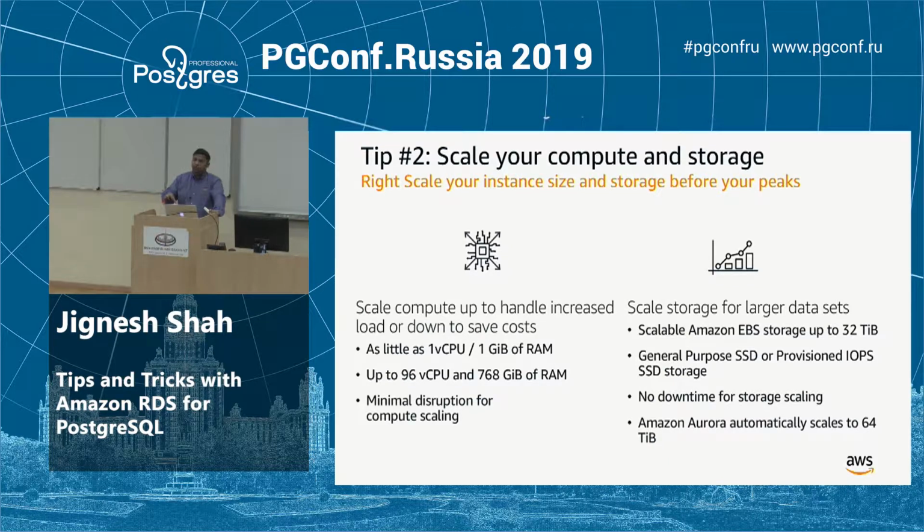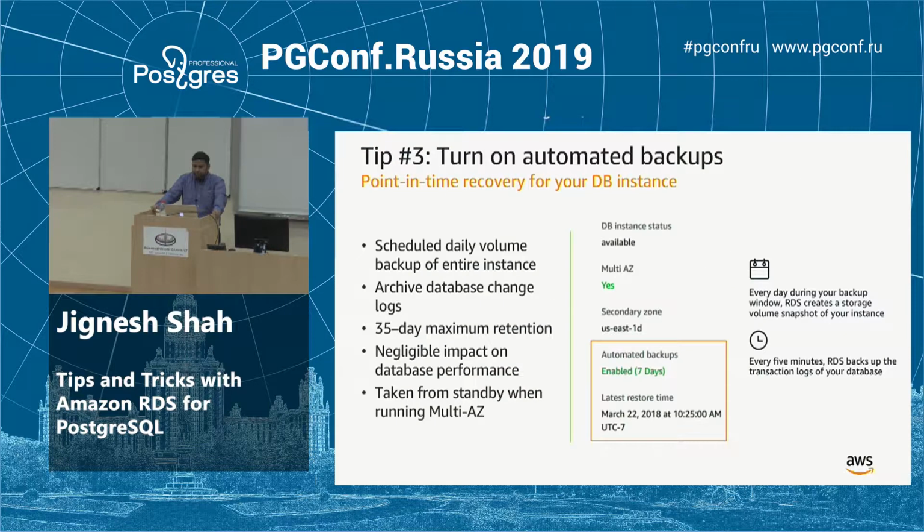You set your window to be Friday and schedule the operation to be done during your maintenance window on Friday to bump up to a bigger size. So scaling can be controlled using either the online feature of storage scaling or the maintenance window operation for your instance scaling, right?